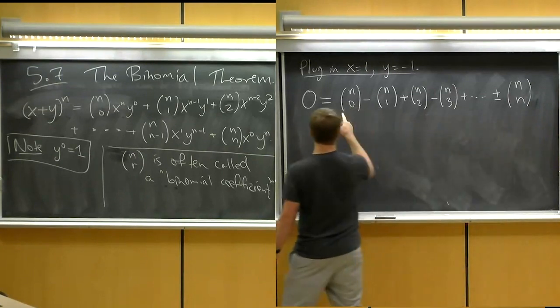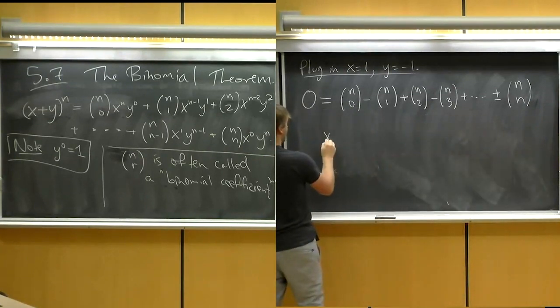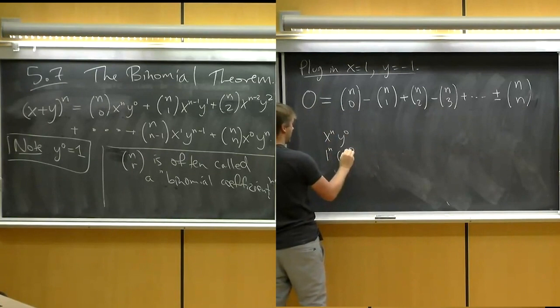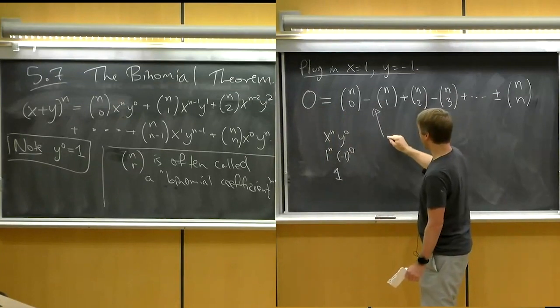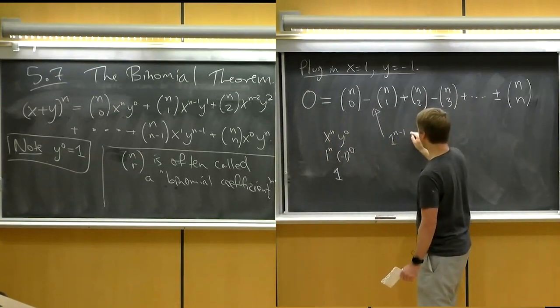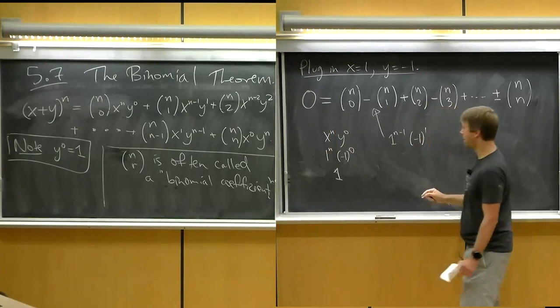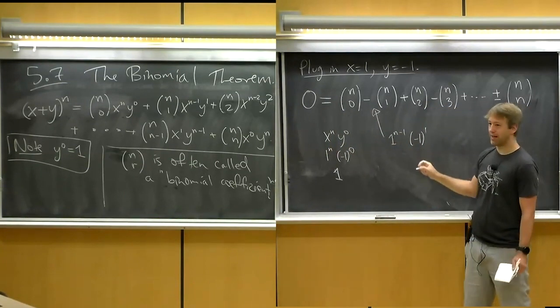So here you would have x to the n, y to the 0, which is 1 to the n, negative 1 to the 0, which would be 1. On that term, you would have 1 to the n minus 1, negative 1 to the 1, which then makes a negative 1.